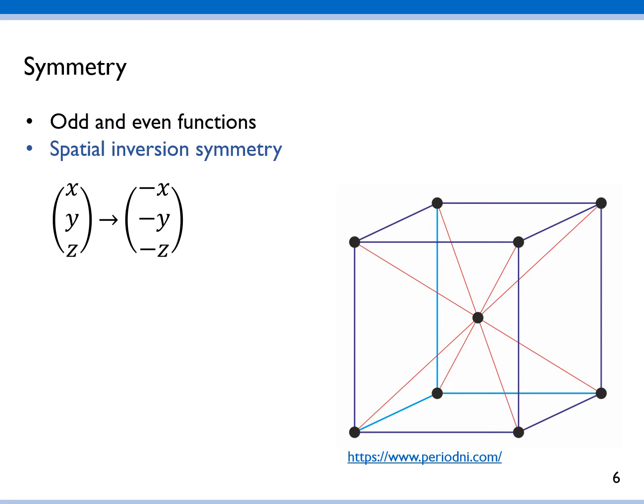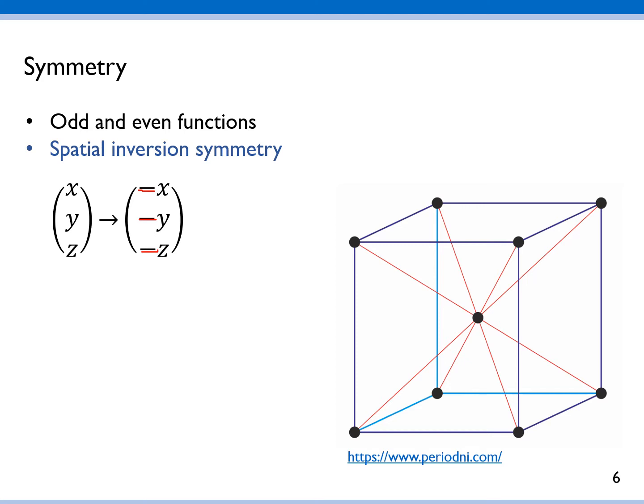Upon spatial inversion, basically what we do is take the coordinates of a certain point and negate them. We go in the opposite direction of where we've been before. This is really easy to see in a crystal.